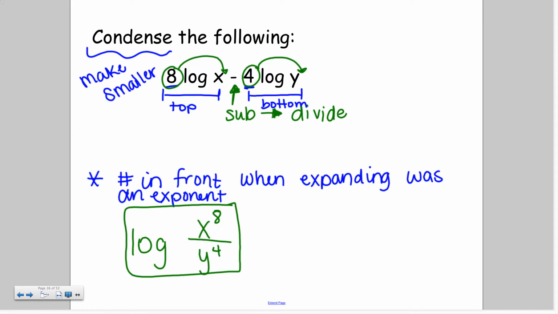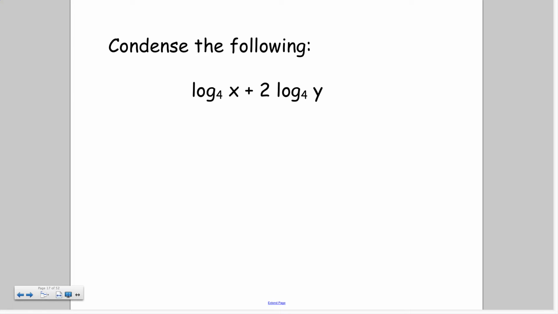All right, let's look at the next one. So we have that number out front again, so that means it's going to end up being our exponent. But now we are adding. So what operation did we make it add when we expanded?